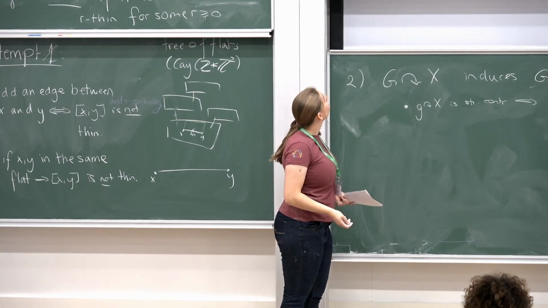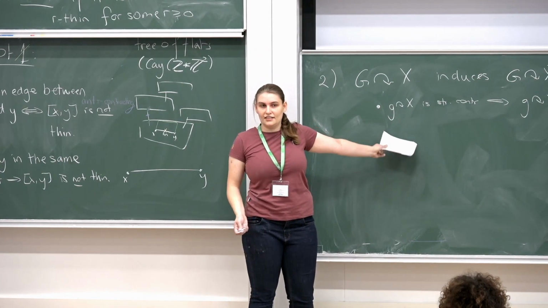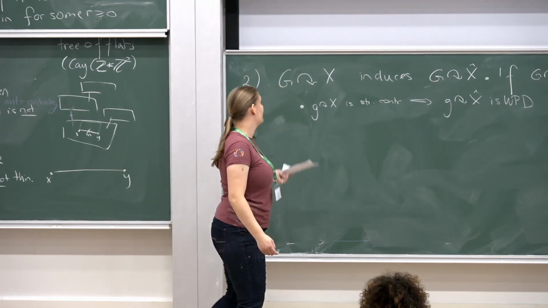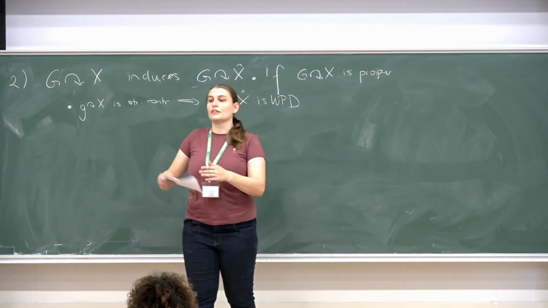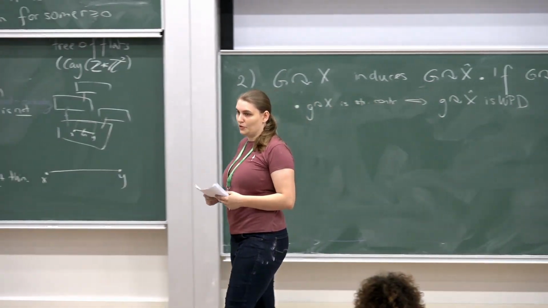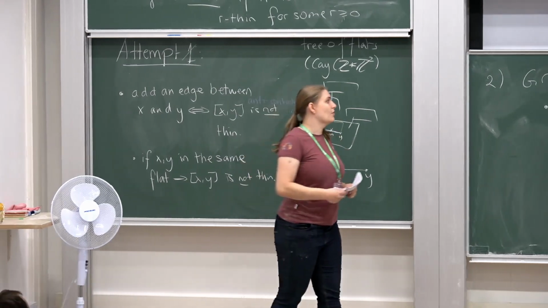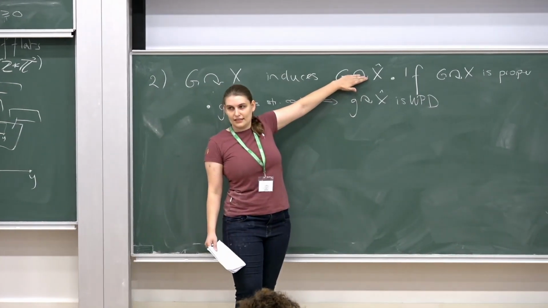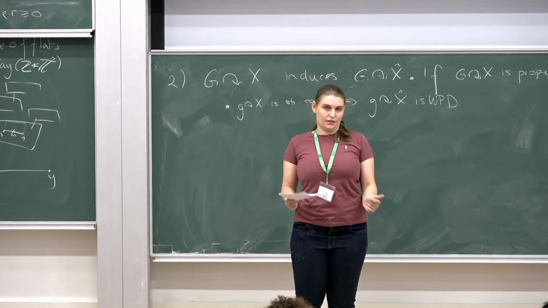If we were starting with our merged dichotomous space, and if we're starting with a geometric action, then we will get a universal WPD action. So what this tells us is, if the action of G on X is nice, so is the action of G on X hat. But we can also go the other way around.